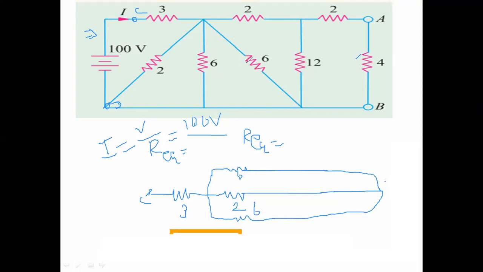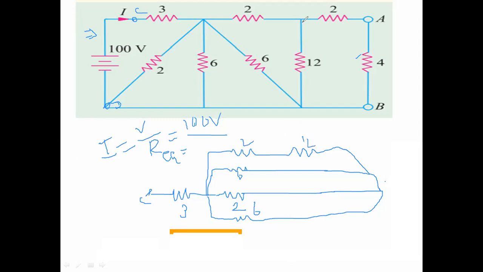Okay, and again from this point we have a 2 ohm resistor, and after that it is connected to a 12 ohm resistor, and it is connected to D. So this is the 2, this is the 12.